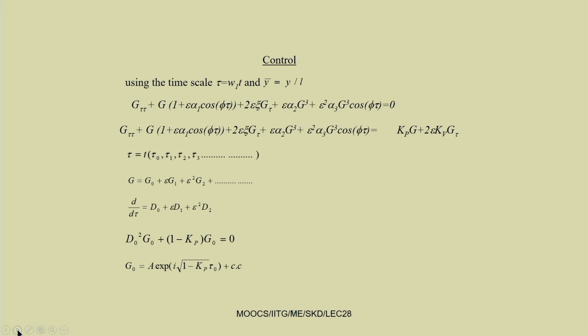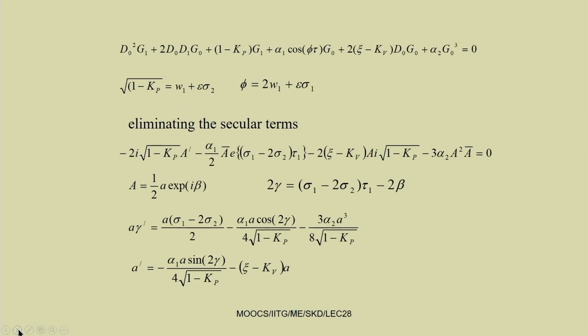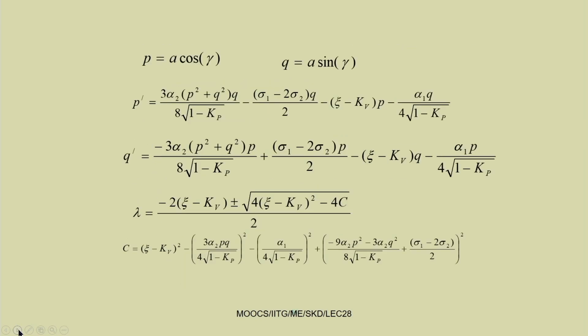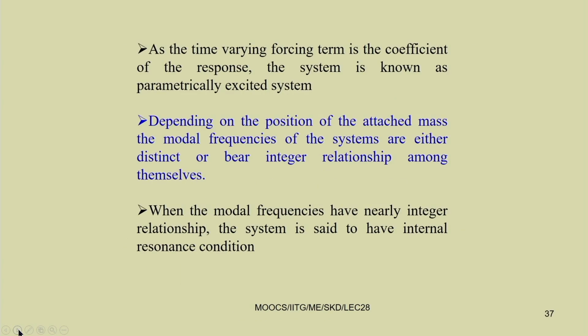For example, if you want to use a proportional controller, instead of putting 0 on the right hand side of this equation, let us put Kp g plus 2 epsilon Kv g. Now we can play with these parameters to find the response of the system and get the values of Kp and Kv for which the system will be unstable.